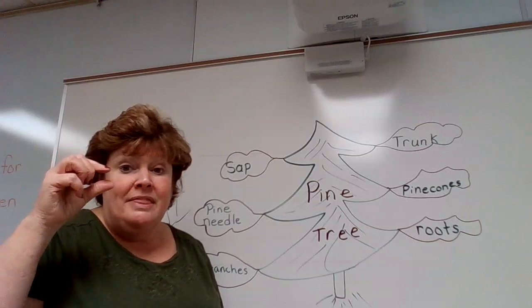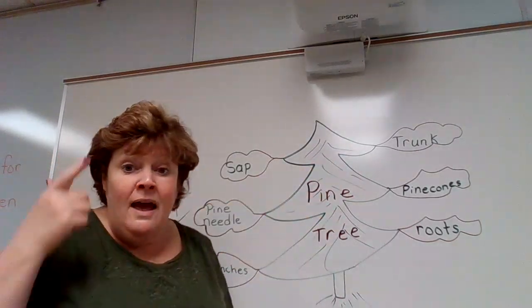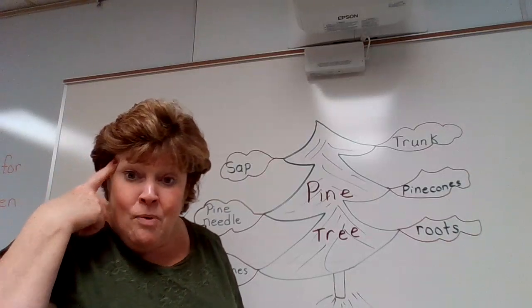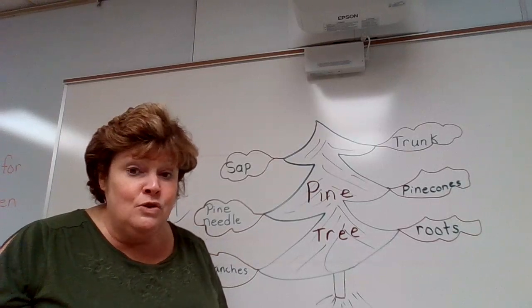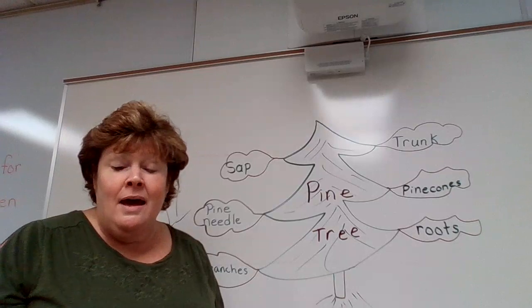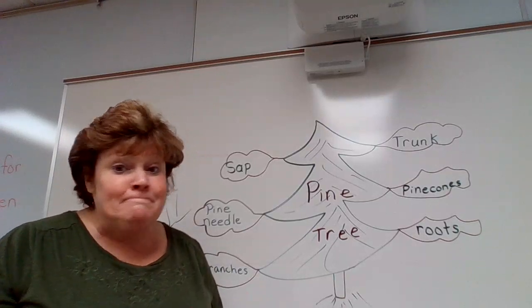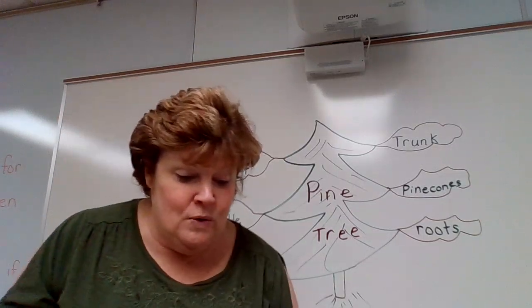I have to know that they have these six things. But if I can picture it like this, I can keep it in my brain better. So even if your teacher doesn't have you do a picture web, as you get older, you might need to do that to help yourself think better. It's one way to learn. Hopefully you enjoy doing that.